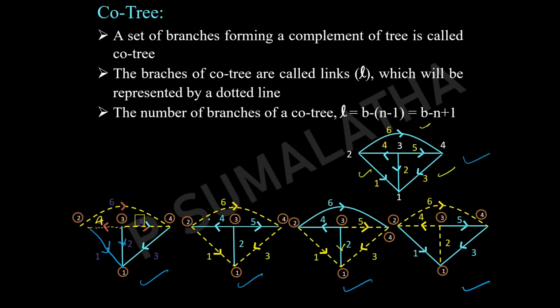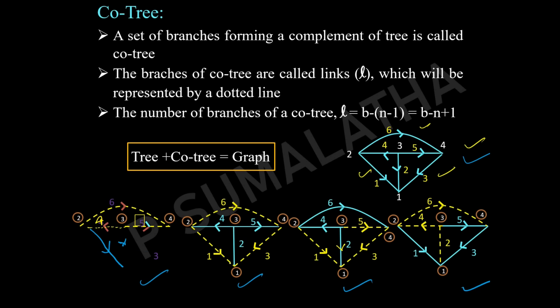Now if you remove this tree, whatever I have represented with the dotted lines will form the cotree. So if you combine both the tree plus cotree, it will be equal to our original graph. Thereby, tree plus cotree will be equal to the graph.